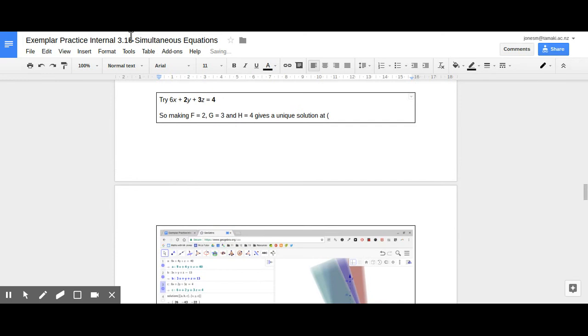The point was 26, negative 43, negative 22. It is unique. So this is the point where all three planes intersect.